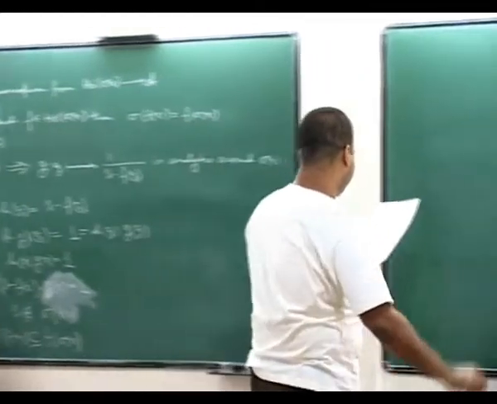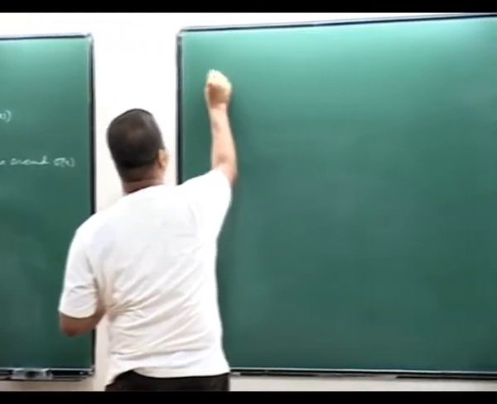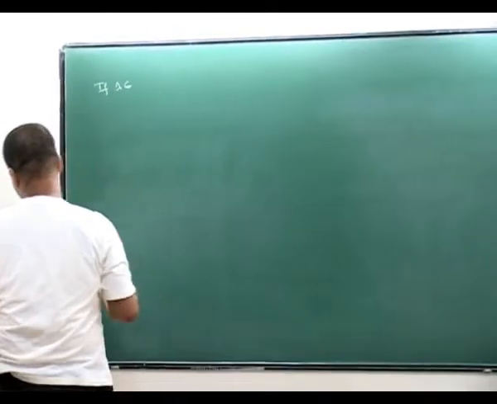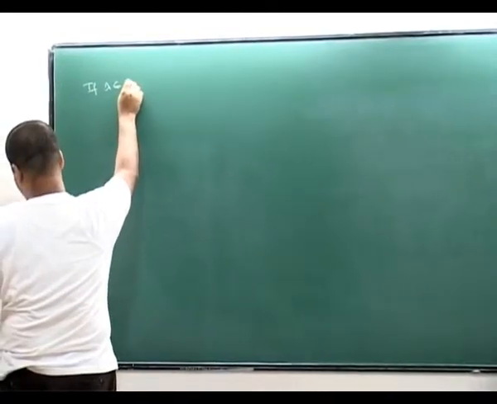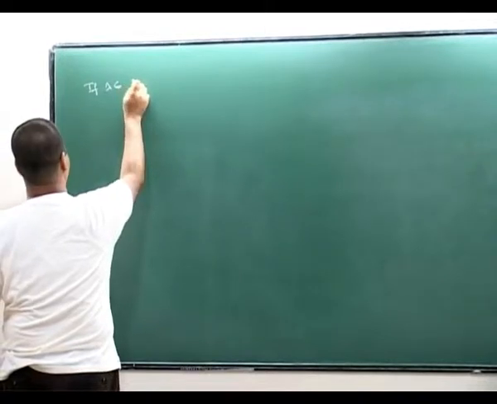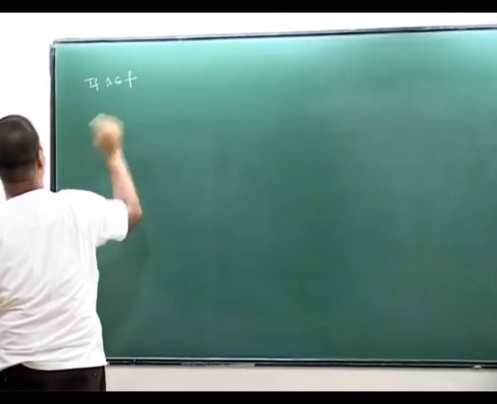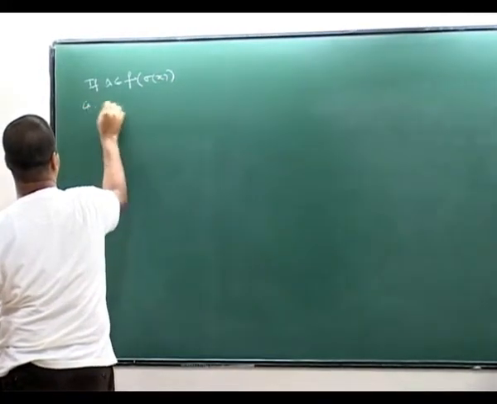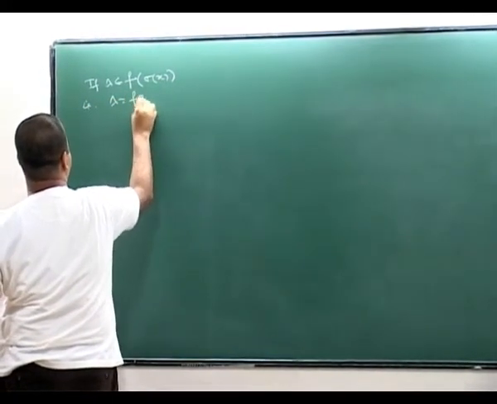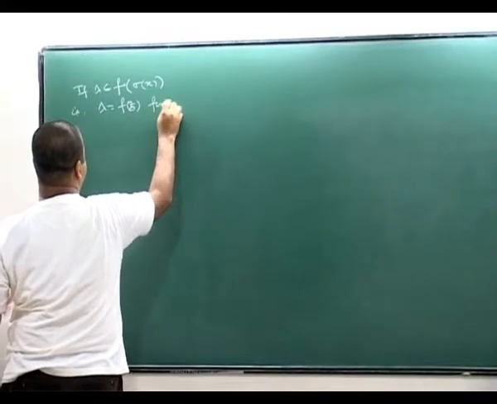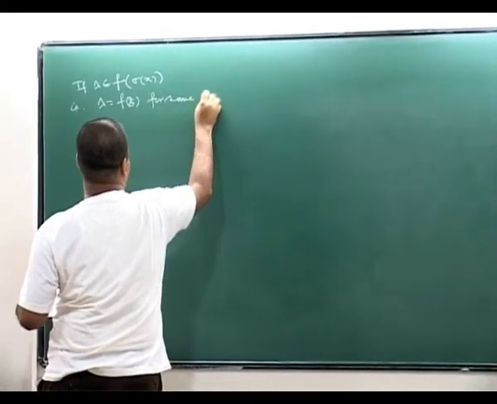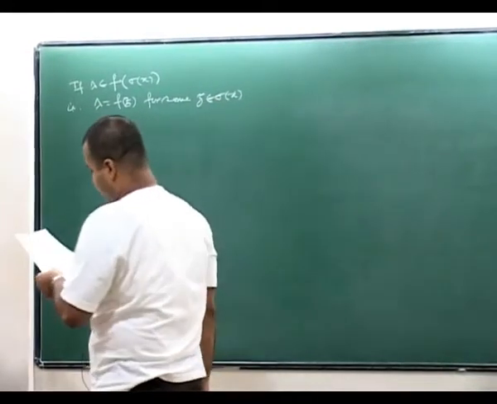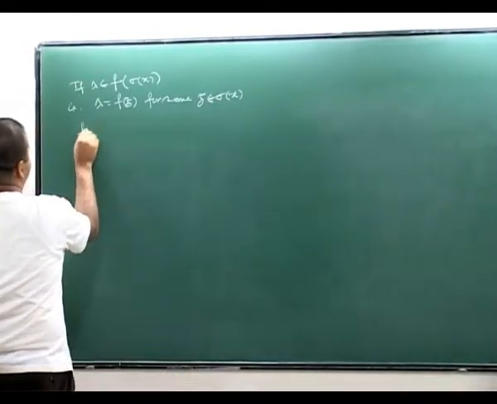Now to prove the other way, suppose lambda is in f of sigma x, that is lambda equal to f(z) for some z in sigma x, we do as we did last time.